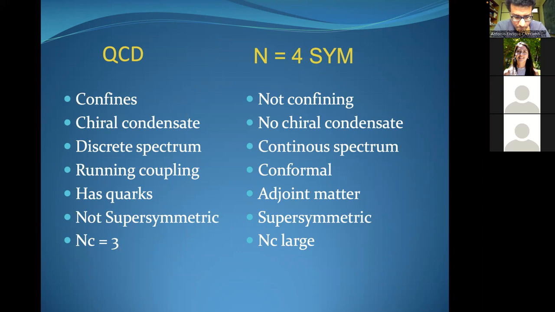For example, N=4 super Yang-Mills is not confining, doesn't have a chiral condensate, has a continuous spectrum, etc. It's conformal, and QCD doesn't have these properties. So for me, it's amazing that it works so well, but I don't understand why. Other people that use it are very excited about the result, but I would like to understand why this works so well. This is just a parenthesis about AdS/QCD.